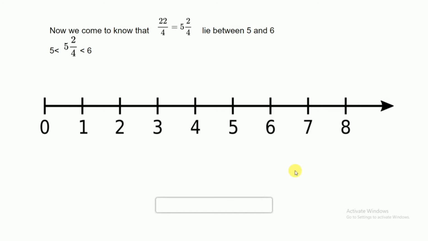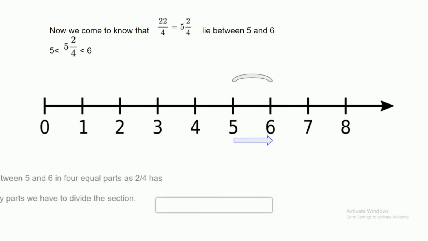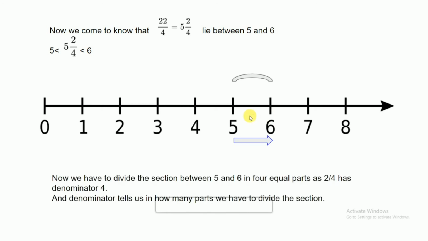Now, 5 and 2 upon 4: here the denominator 4 tells us that we have to divide the section between 5 and 6 into 4 parts, and numerator 2 tells us which part we have to pick.